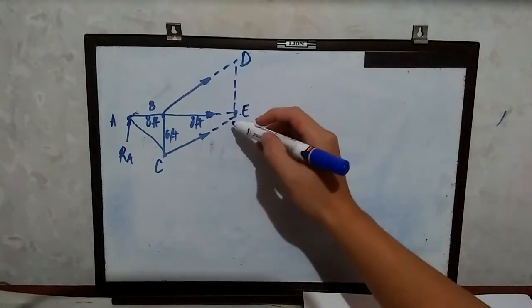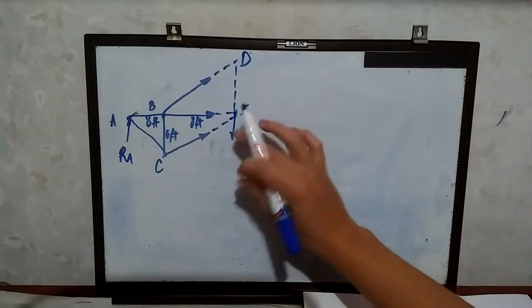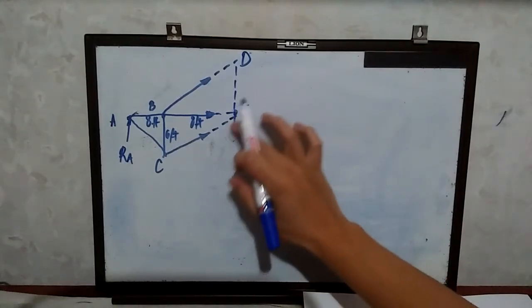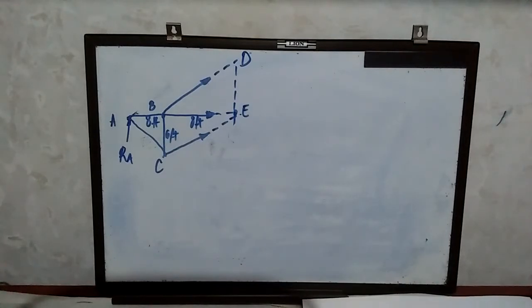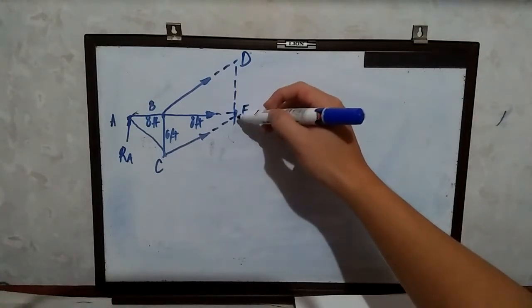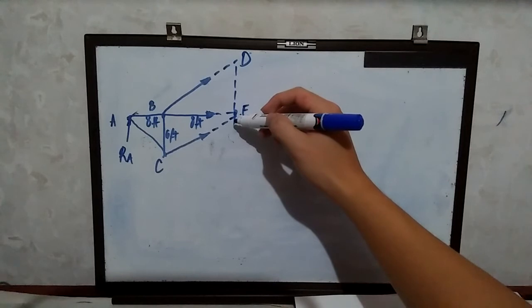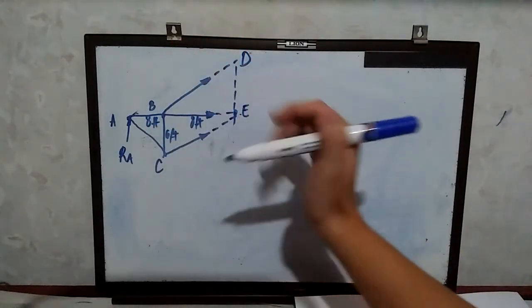We just need to exclude the 30 kilopounds because we are using the left side. There are a lot of students that get confused why I didn't include the 30 kilopounds here at section E. The reason is because we are using the left side of the whole truss structure.